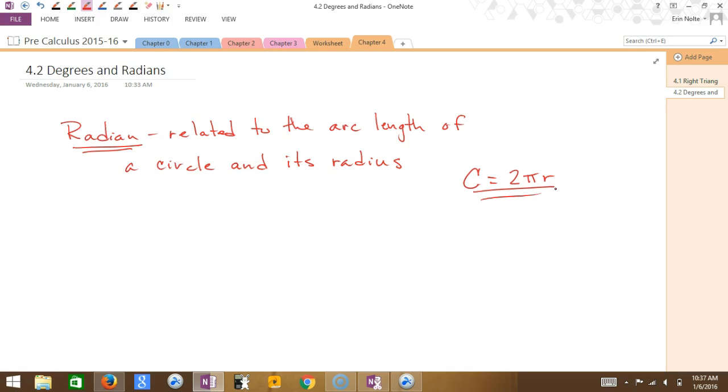What we're going to do is imagine that our r value is going to be 1 to make this very simple. So our r length, the radius, is just 1. This is called the unit circle.